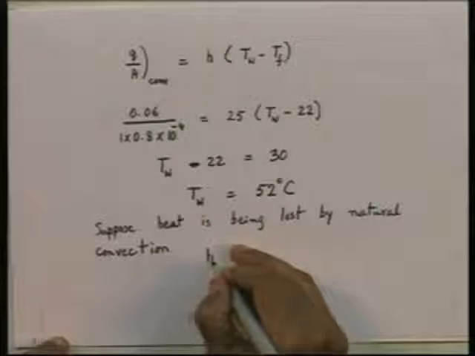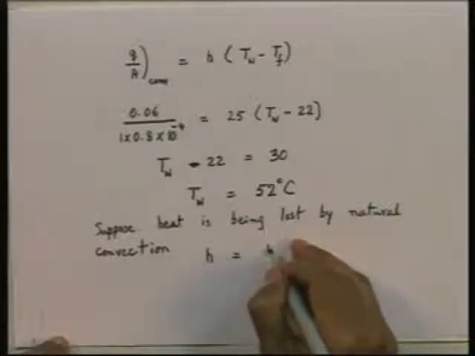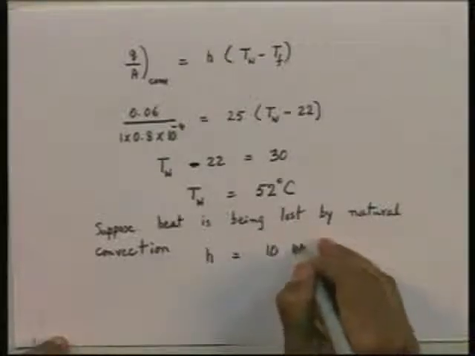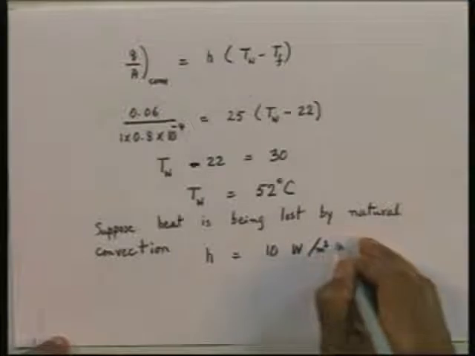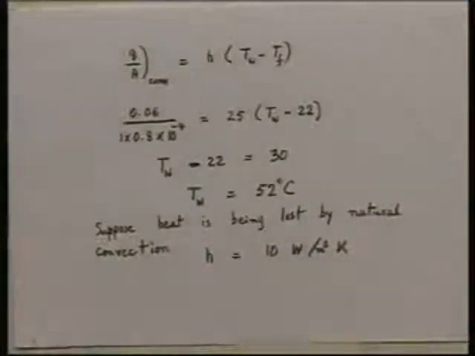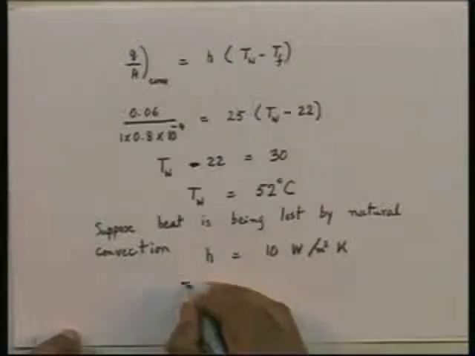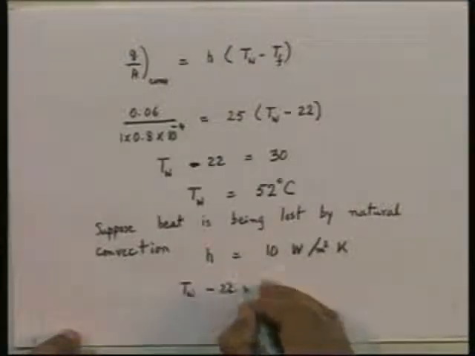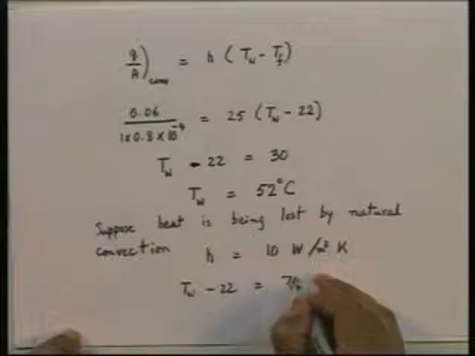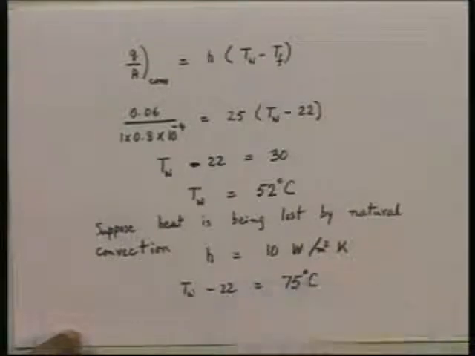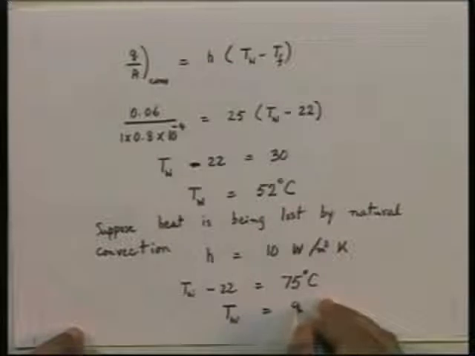A typical value of H might be say 10 watts per meter squared Kelvin. So, what would I get now? With 10, TW minus 22 would be 75 degrees centigrade and TW would be 97 degrees centigrade.